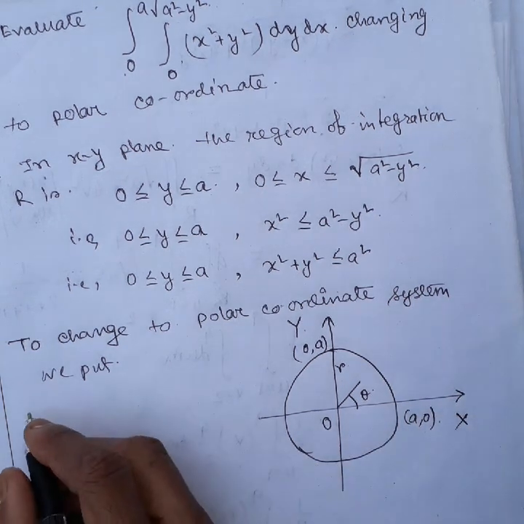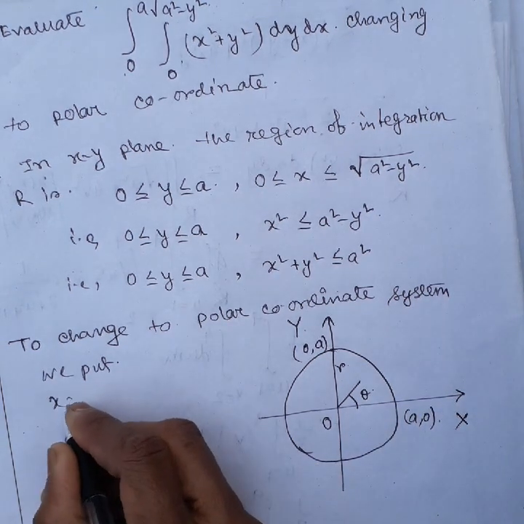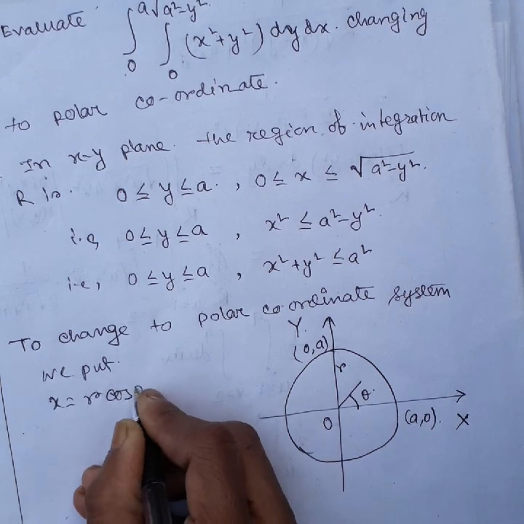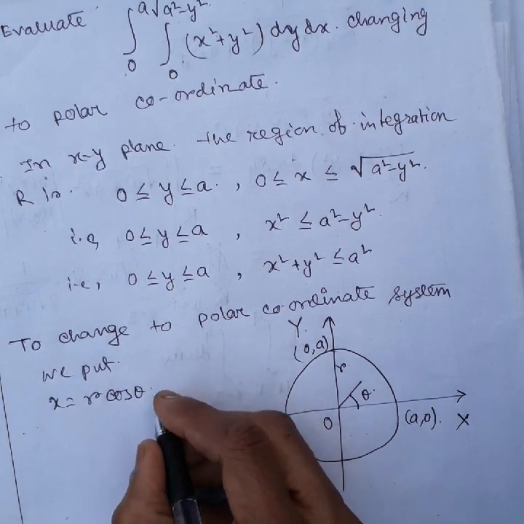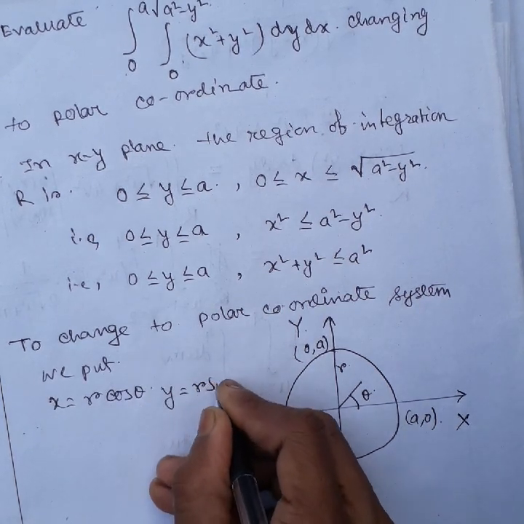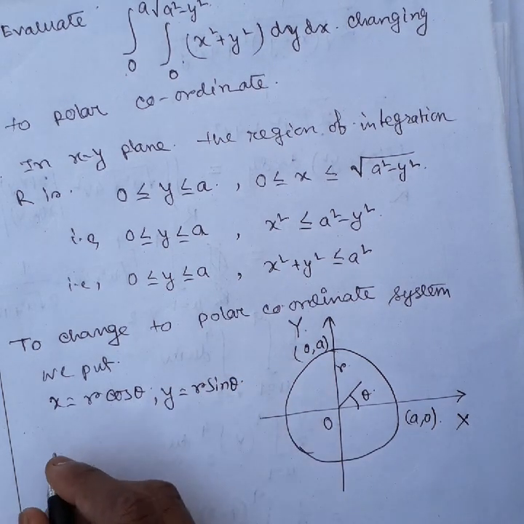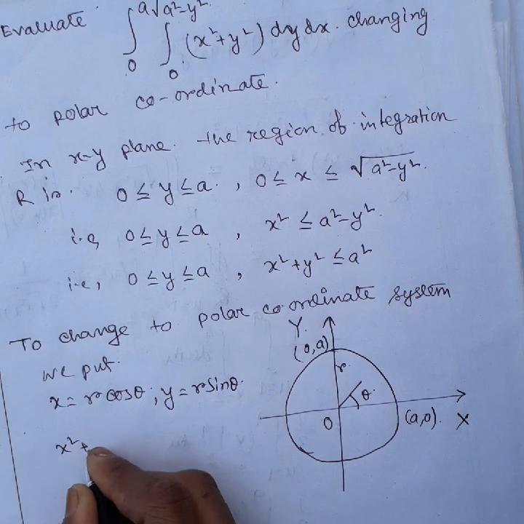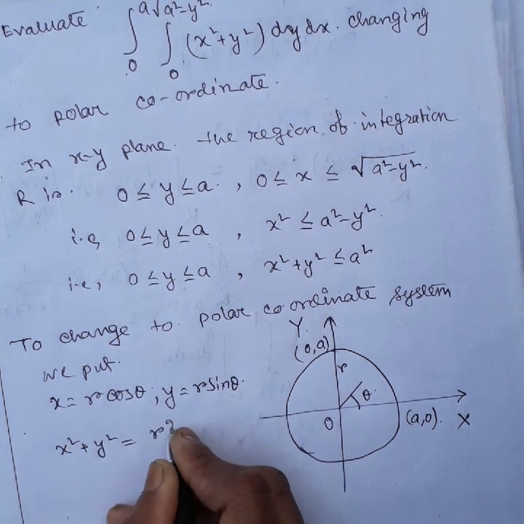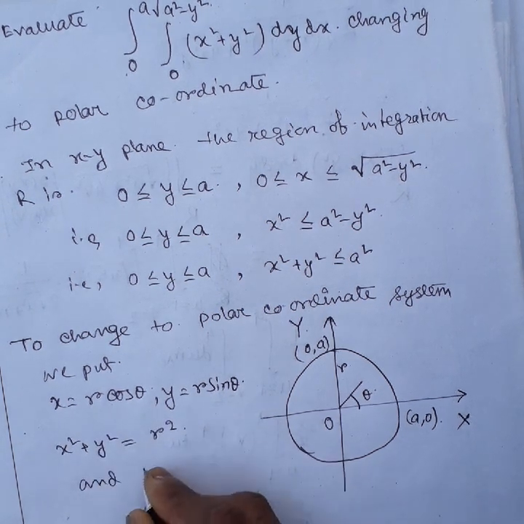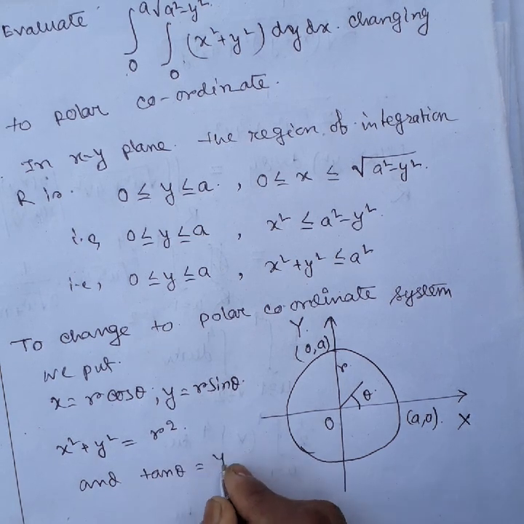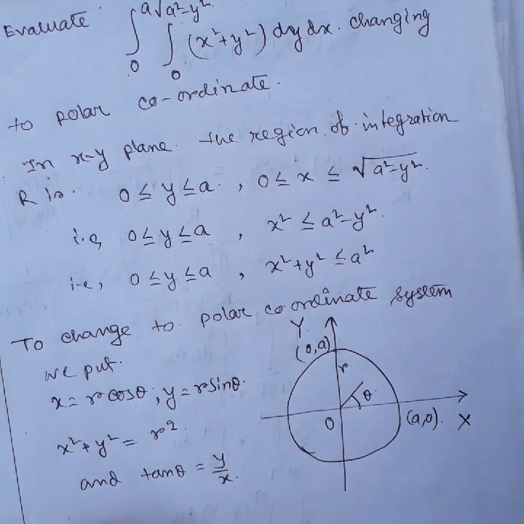Okay, so we put here x equal to r cos theta and y is equal to r sin theta. Clear? So from here we get x square plus y square is equal to r square, and tan theta is equal to y by x.